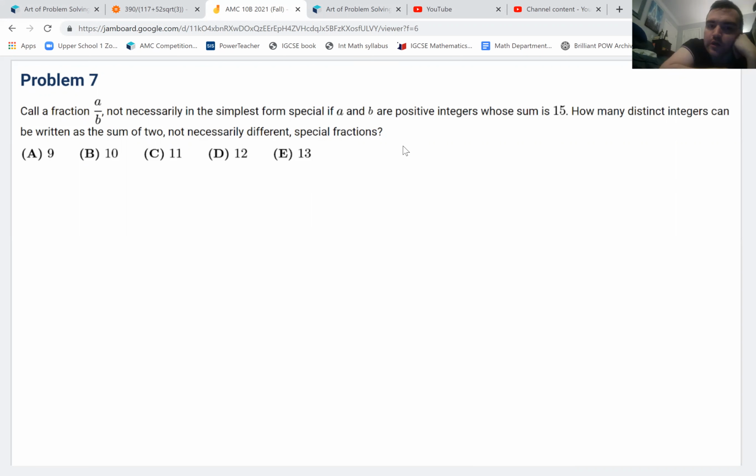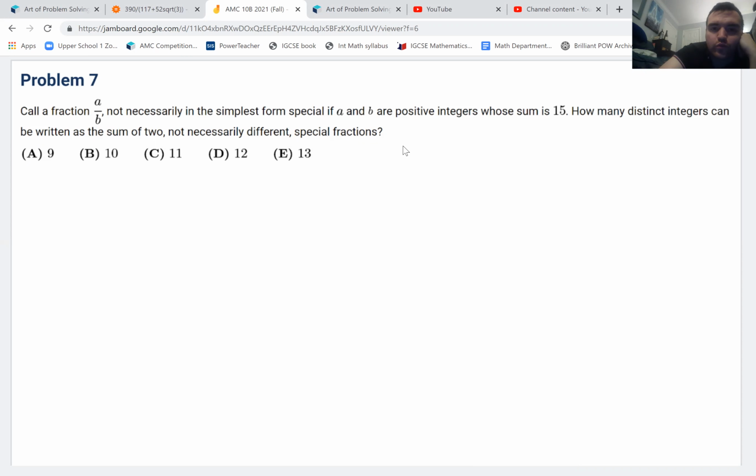So we're told we're going to call a fraction a over b, not necessarily in simplest form, special if a and b are positive integers whose sum is 15. How many distinct integers can be written as the sum of two not necessarily different special fractions? All right, well, let's see.